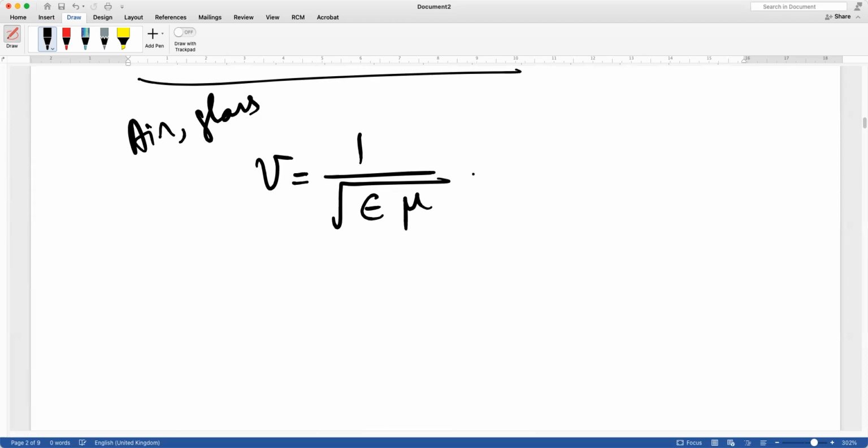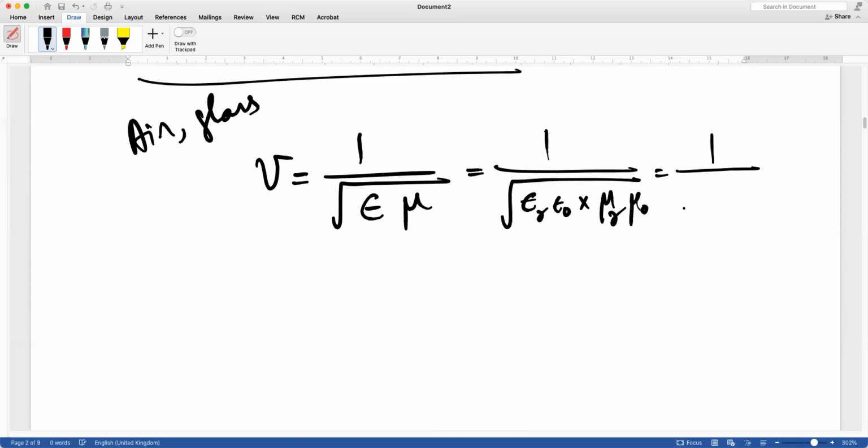Is that okay? Okay. And now if you look into it, this is always expressed as epsilon or epsilon naught multiplied by mu or mu naught. So this can be split into 1 over square root of epsilon naught mu naught multiplied by 1 over square root of epsilon r mu r.